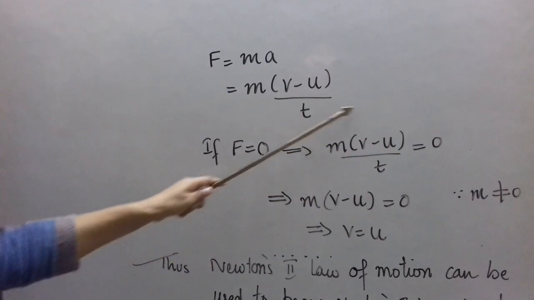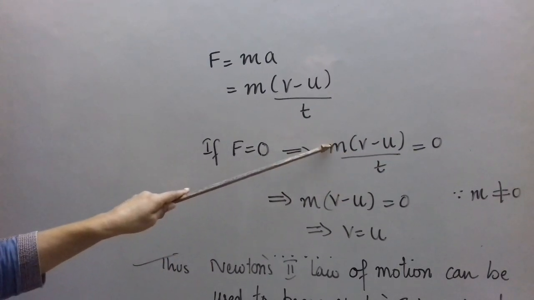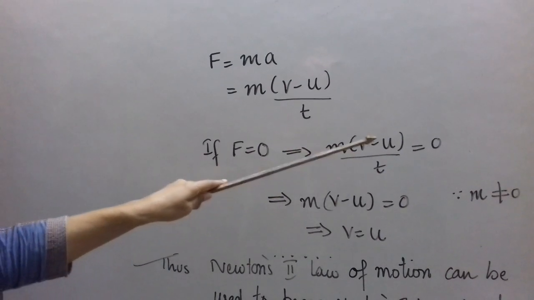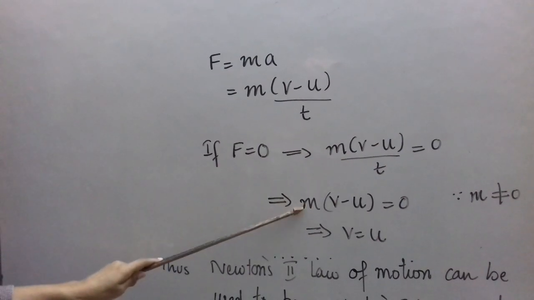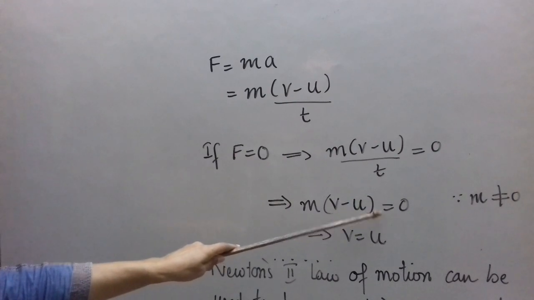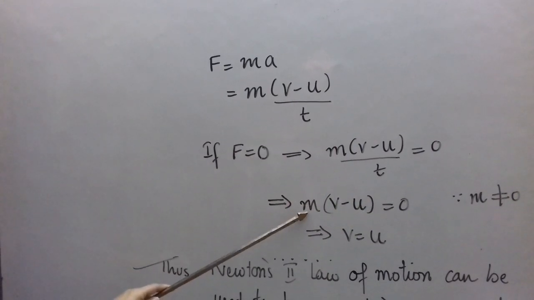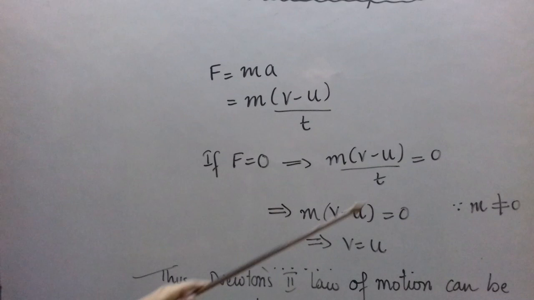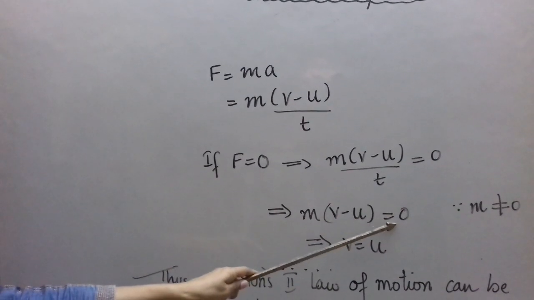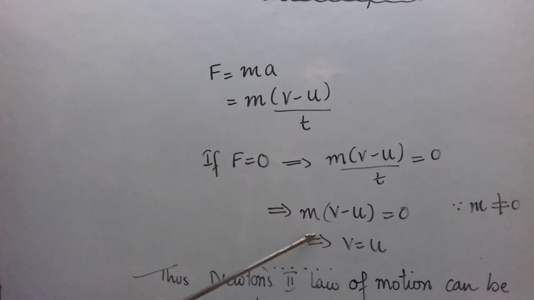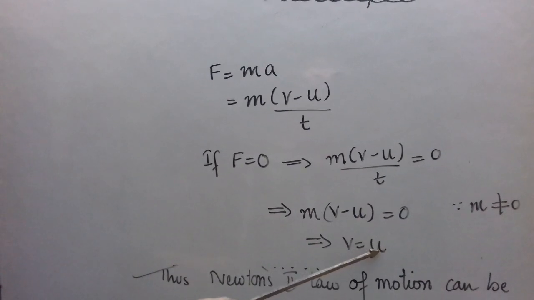And we know that this will be 0 when the numerator is 0 because 0 divided by any number is 0. So in this case m(v - u) is 0. And the mass of a body is always positive, it can never be 0. So v - u is equal to 0, or in other words this implies that v is equal to u.